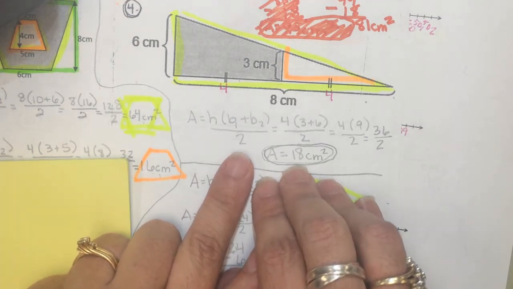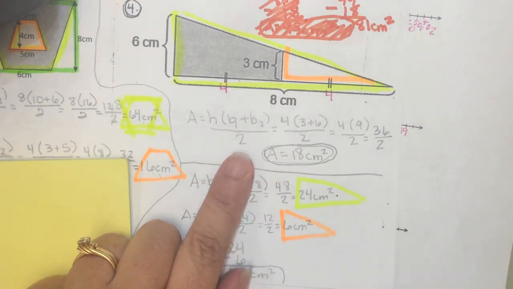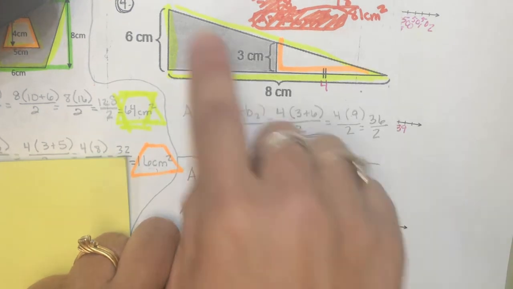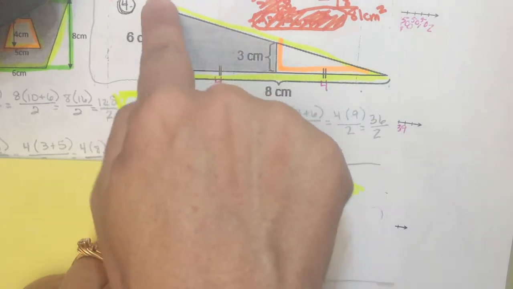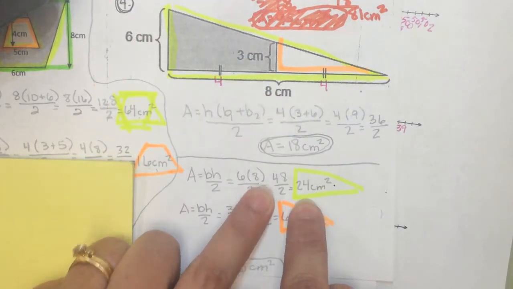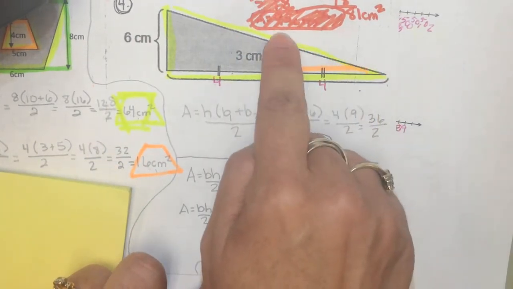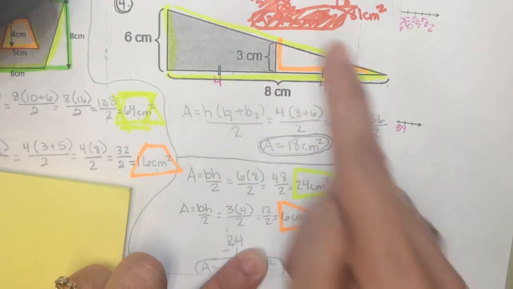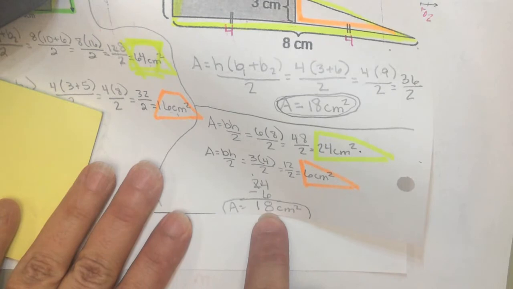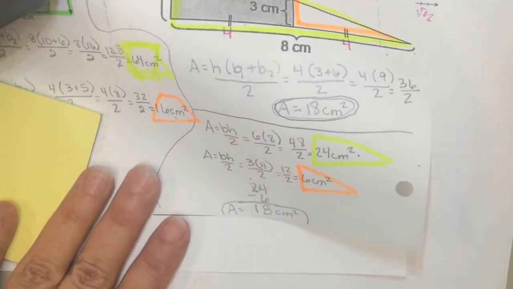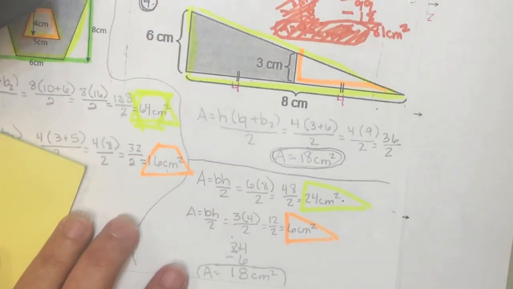Or you can do it the long way like I do things. I just love to, I don't know why. I did also down here the big triangle, which was 24. I took away this little triangle, the one on the end here, and I got 6. And when I take it away, I get 18. Either way, they're both right. It's just two different ways to see the same problem.